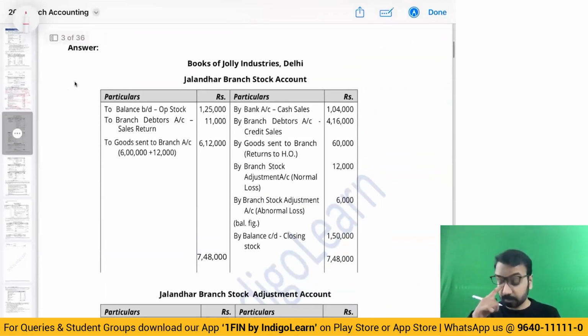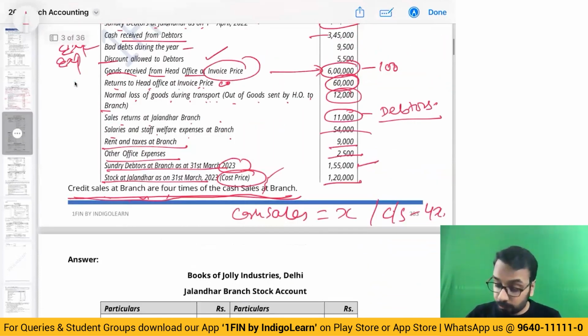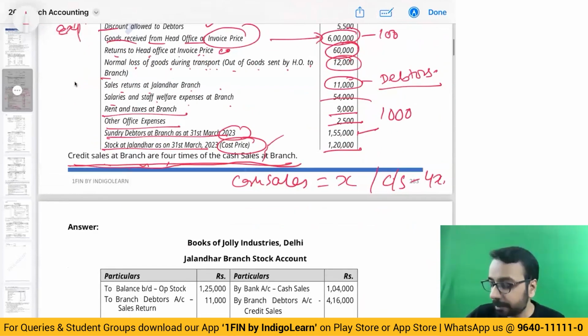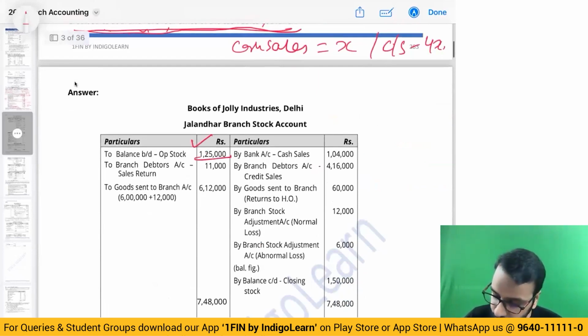Now, first, when we say stock and debtors, we have to prepare the stock account and debtors account. In the stock account, opening stock 1 lakh. Now, this 1 lakh represents 80. So, what do we do? If 1 lakh represents 80, 1 lakh divided by 80 multiplied by 100, we get 1,25,000.